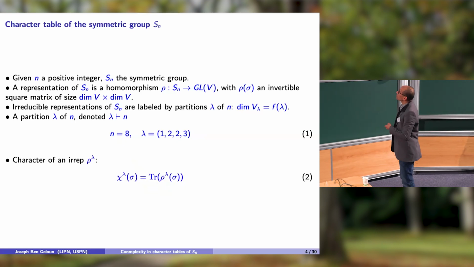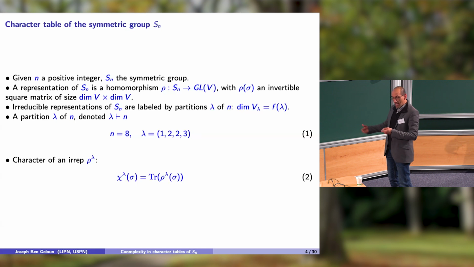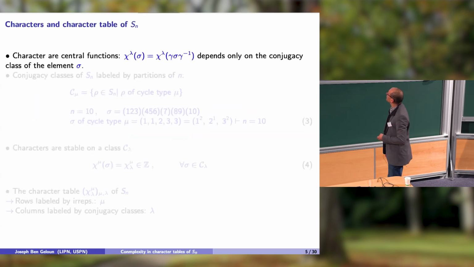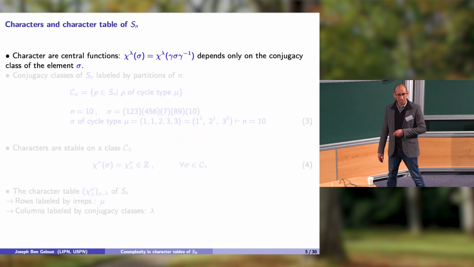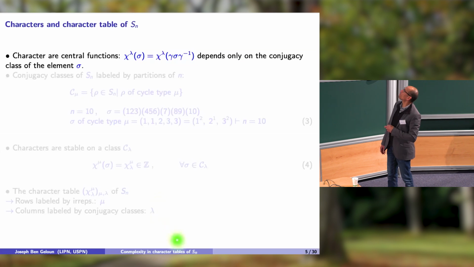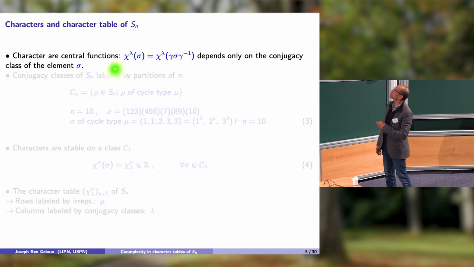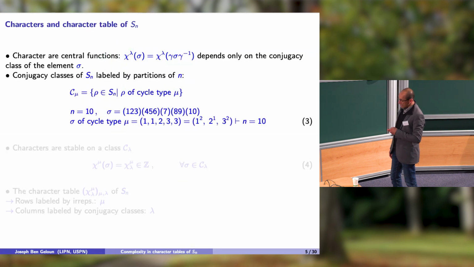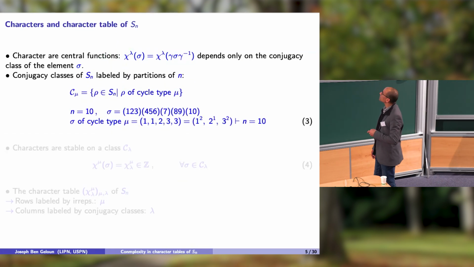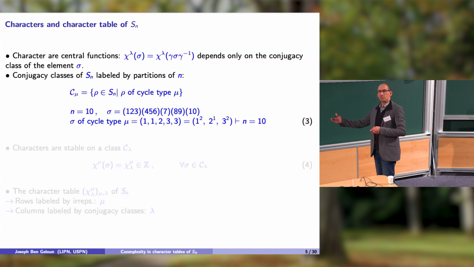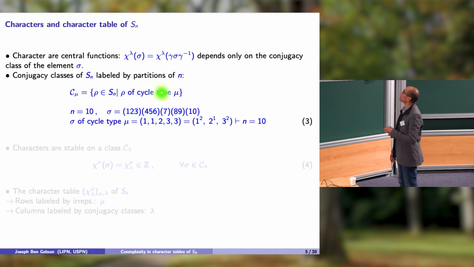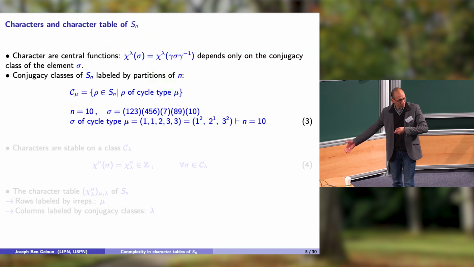Now the character of a given representation is nothing but the trace of that matrix. The character is of course a central element, which means that if you conjugate your elements, it's still the same object. And now, if it's stable on the conjugacy classes, you may wish to understand what the conjugacy classes of Sn are. And conjugacy classes of Sn are again labeled by partitions of n.